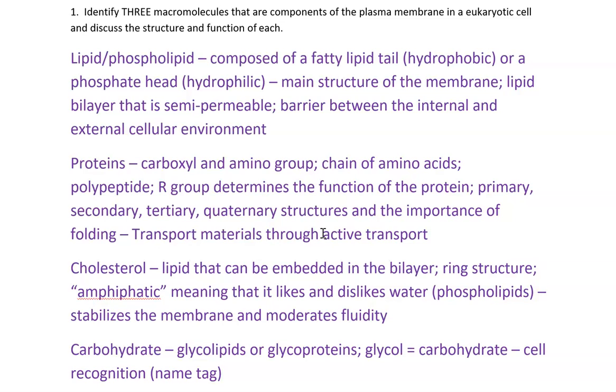It's really important, especially for the immune system, for your body to recognize what belongs to you and what doesn't belong to you. So all cells have some kind of name tag or a marker, and it's usually a carbohydrate-based molecule. In a lot of the diagrams, it looks like a weird little tree branch sticking out of the cell membrane. Those are glycoproteins or glycolipids.